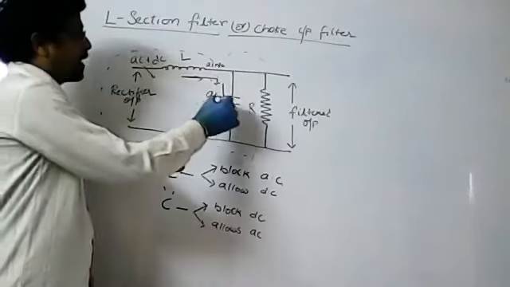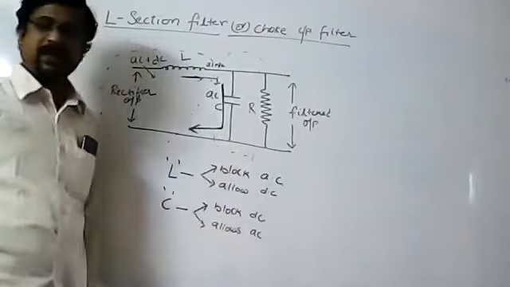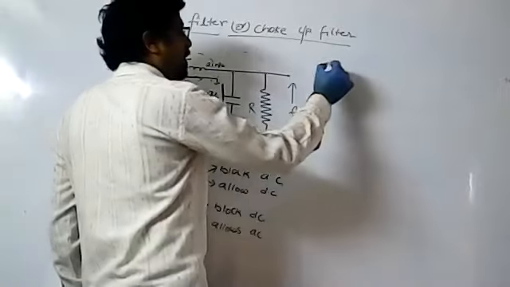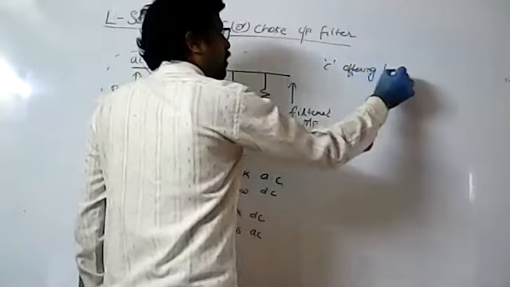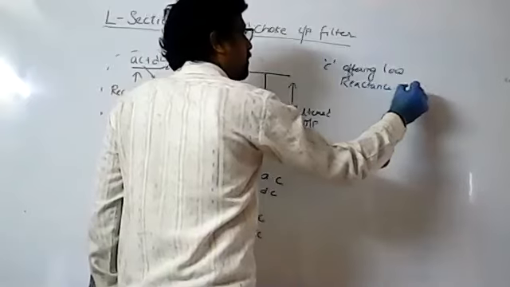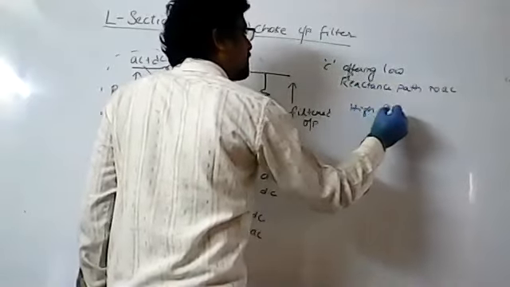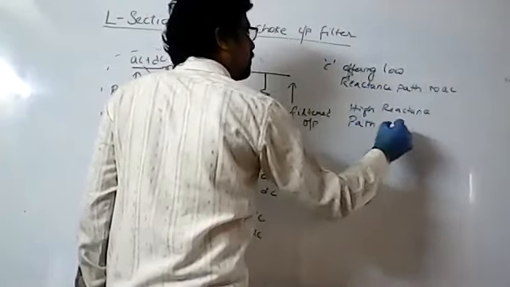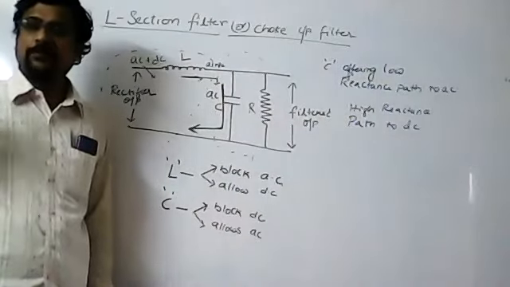At that point, the capacitor will bypass the AC source, because the capacitor is offering a low reactance path to AC and a high reactance path to DC.